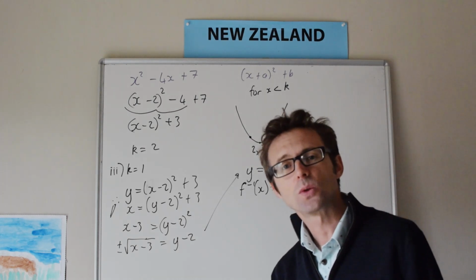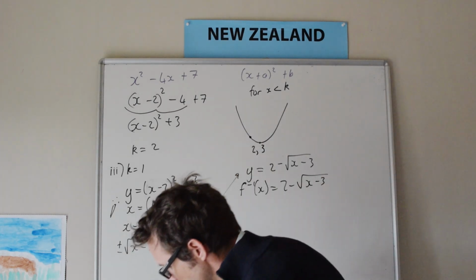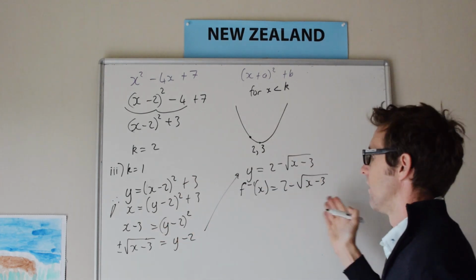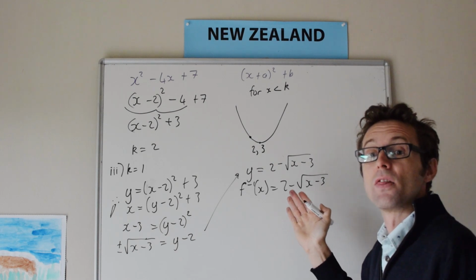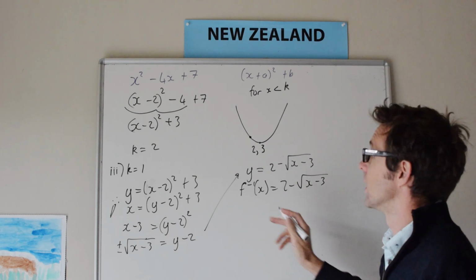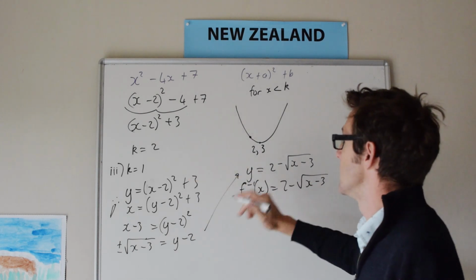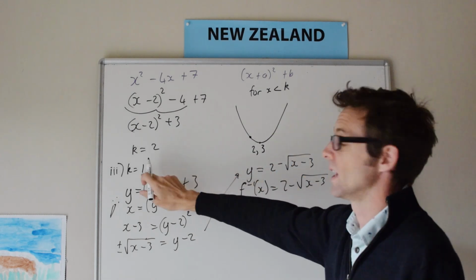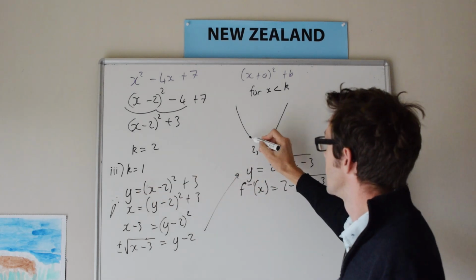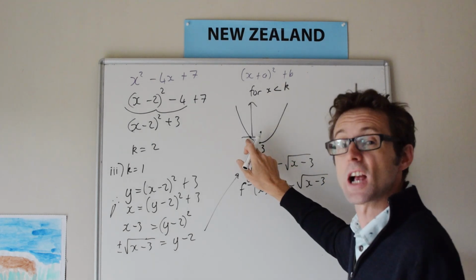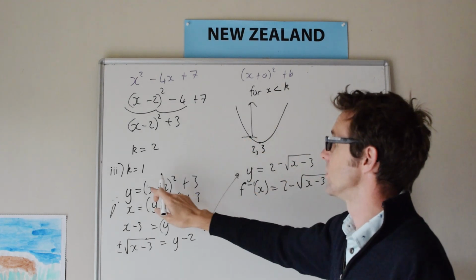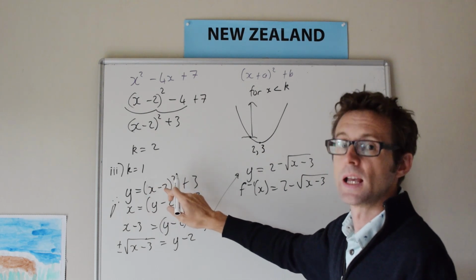The last part of this question is asking us for the domain of this. Now the domain of your inverse is equal to the range of your original function. Now the range of our original function, if k is 1, is upwards. So all we need to do is chuck in a 1 to our original equation. 1 minus 2 is negative 1.